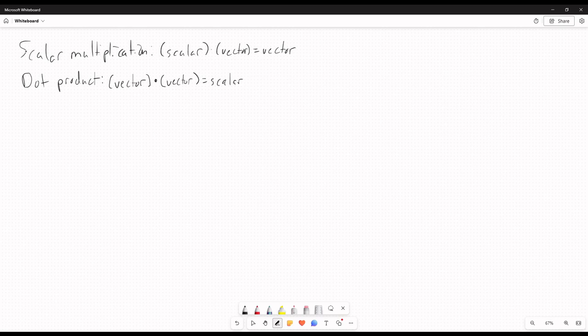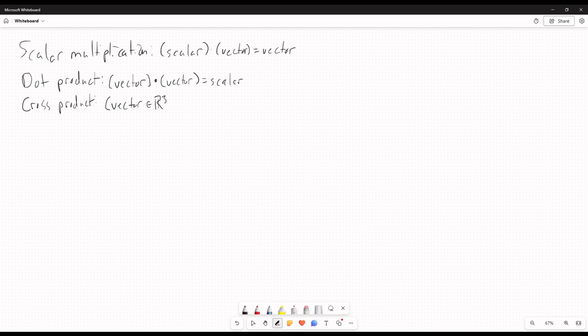And the third product we're going to talk about is the cross product. And this is going to be a product of two vectors that gets us a vector. But in order to get that really nice thing, we're going to need all our vectors to be in R3.